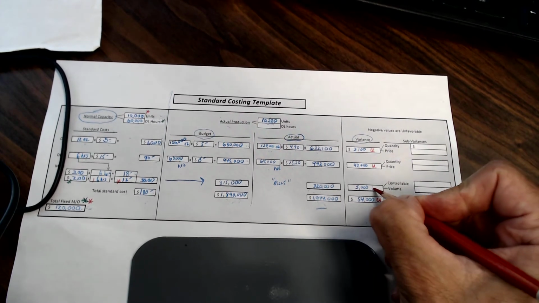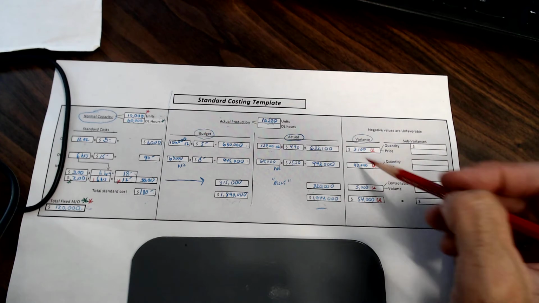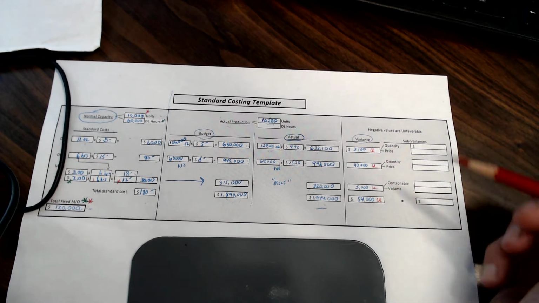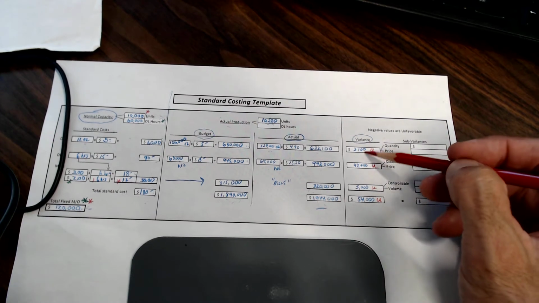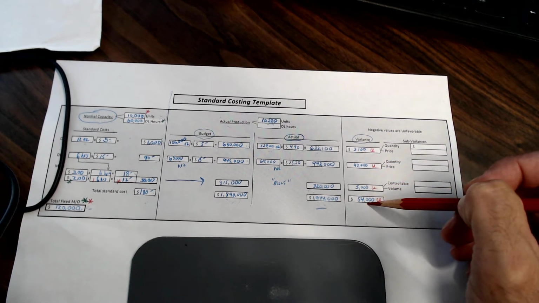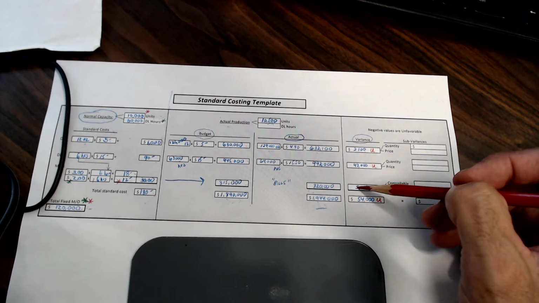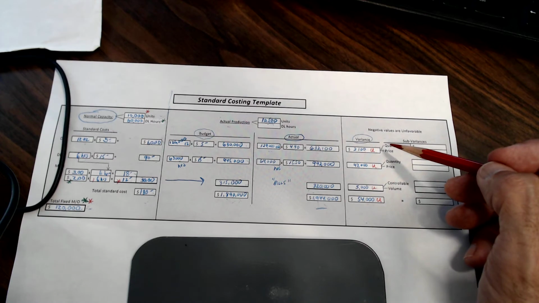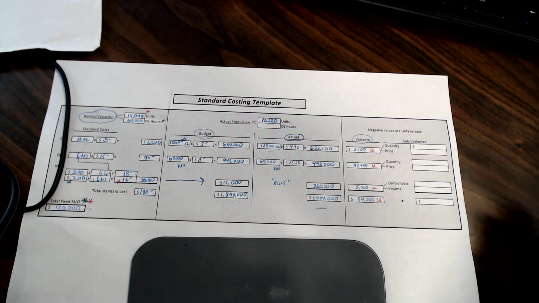Just so happens in this example they were all unfavorable. It could be anything. They could all have been favorable, or it could have been favorable, unfavorable, favorable, whatever. But now let's just make sure it adds down. Do these three unfavorables total to this? And 47, that's 53. Whoops, they don't.